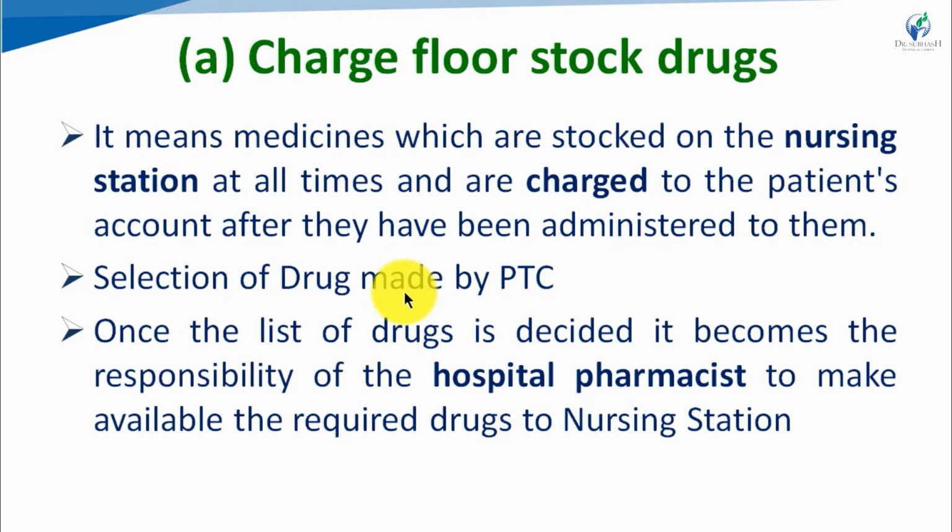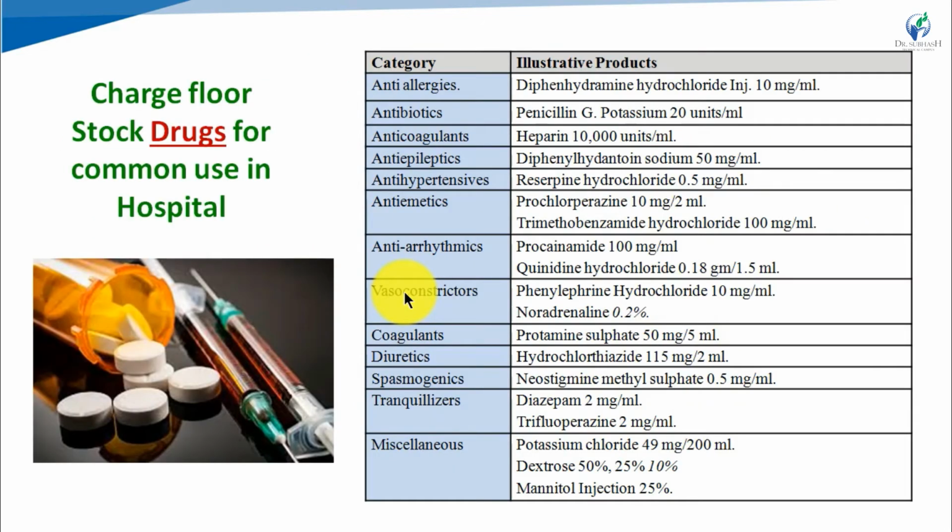And this should be supplied by the hospital pharmacist. Now this one is the list of charge floor stock drugs for common use in a hospital. Generally, देखिए, this might be very different from hospital to hospital, and this is again decided by the PTC committee.